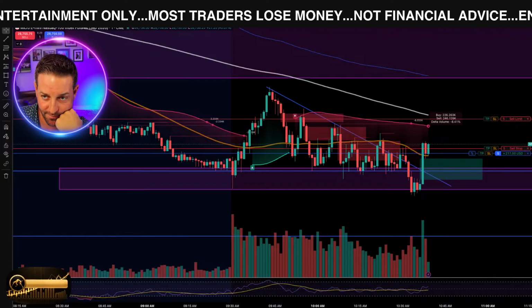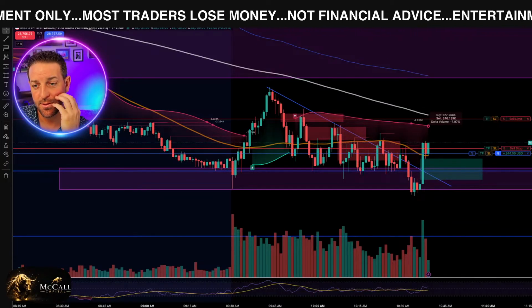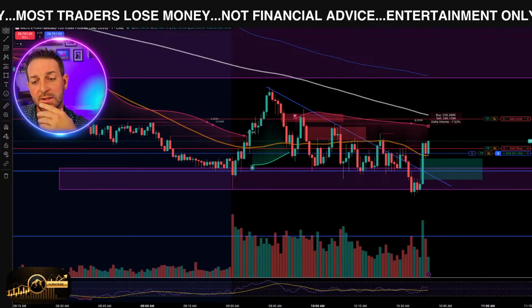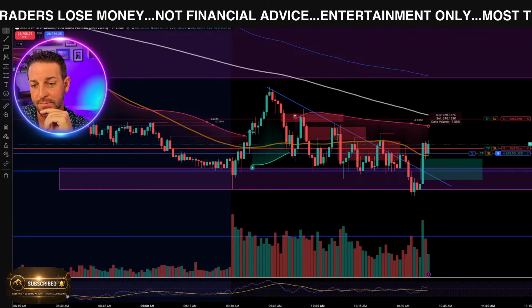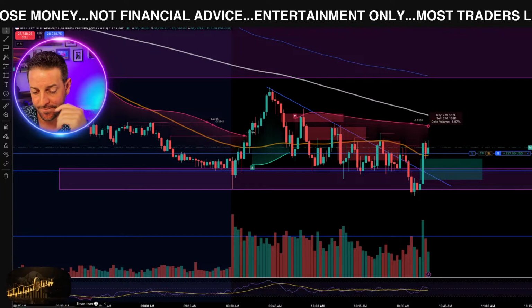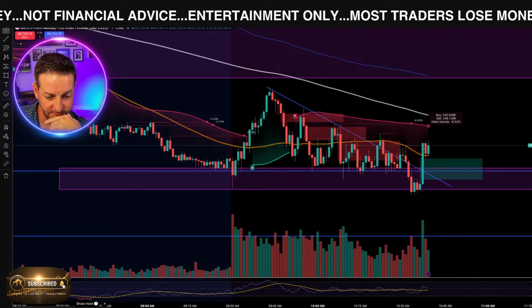A couple $100 back. Target's up here near the 200-day moving average. Let's see if it pumps and we make some money back. Okay. Cool. A few $100 back.